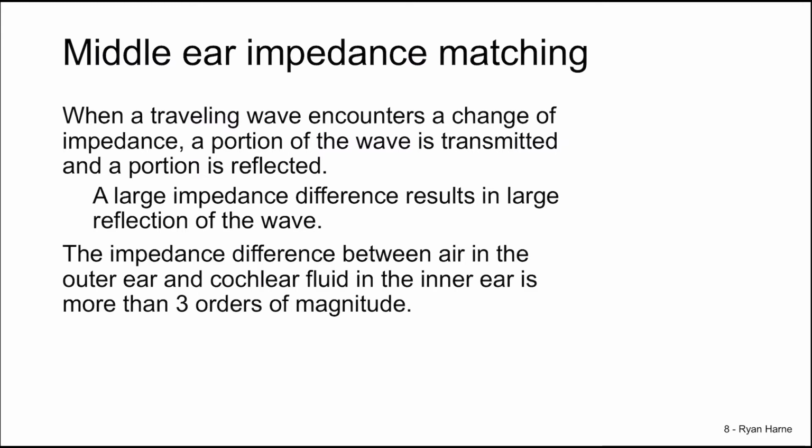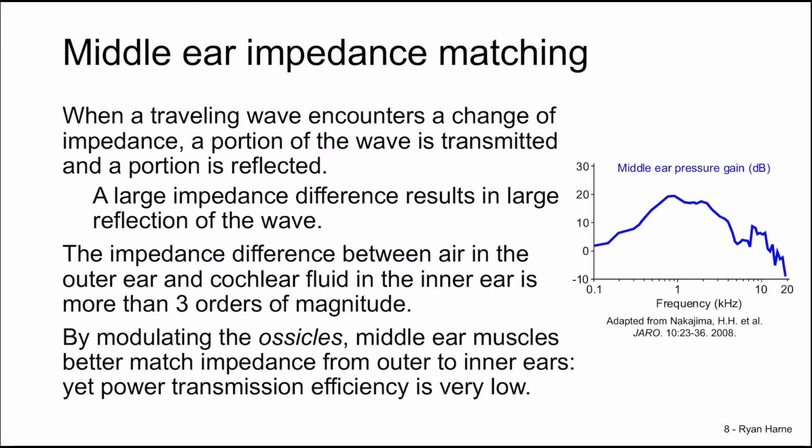The impedance difference between the air outside and the cochlear fluid is about 3 orders of magnitude. Ordinarily, all of that acoustic energy would be reflected. So the middle ear matches the impedance actively. The middle ear muscles modulate these ossicles to better match the impedance from outer to inner ear. Yet the power transmission efficiency is still very low.